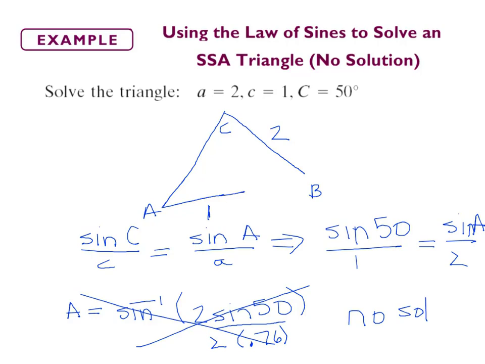So as you can see from this picture, they don't connect. I can't make this into a triangle because the sides don't match up. And that's why we have no solution. Does that make sense? Okay, good.